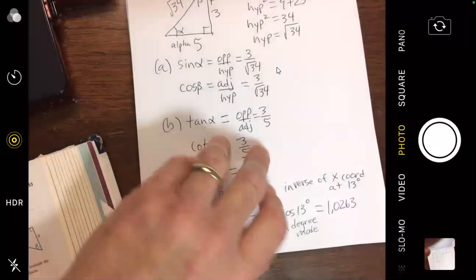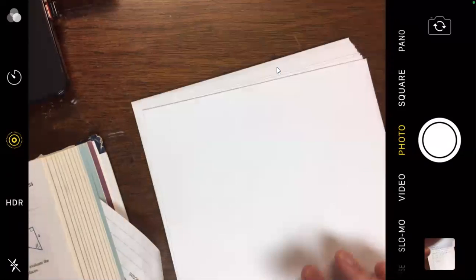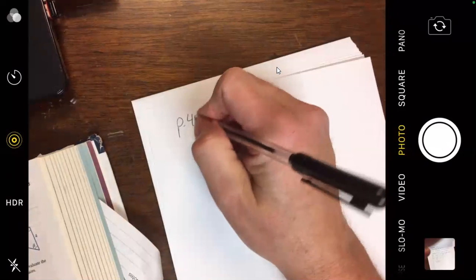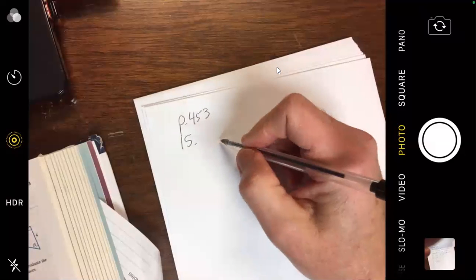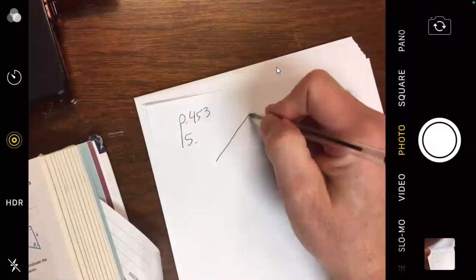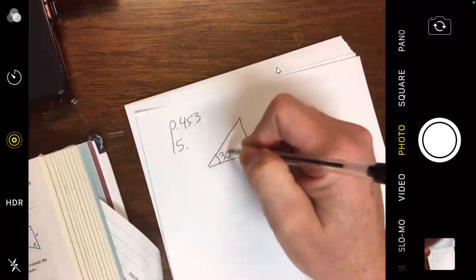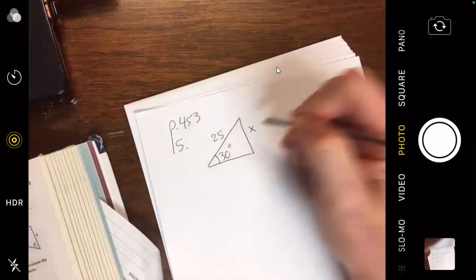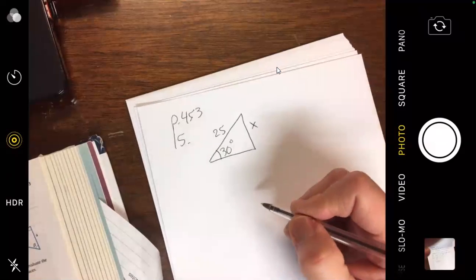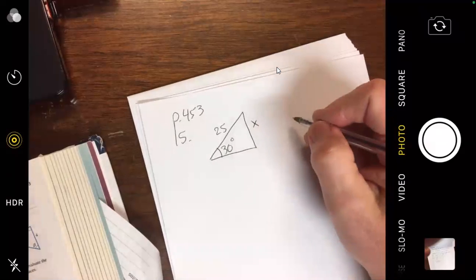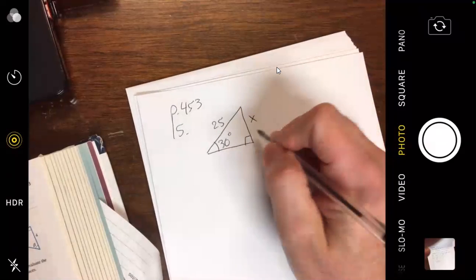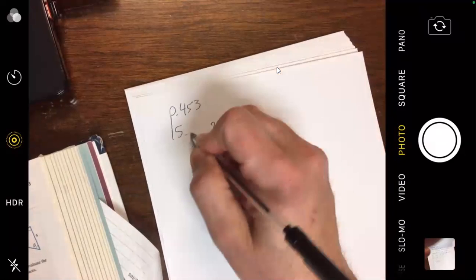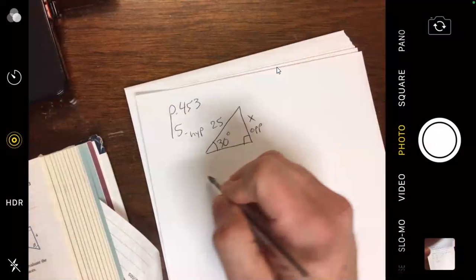All right, now we're going to use this in 15 to find lengths of unknown sides. Page 453, 15. So you have 30 degrees, 25, and X. They want it rounded to 5 places. Well, you know that's a right triangle. You know the opposite and hypotenuse, so you'd use a sine.